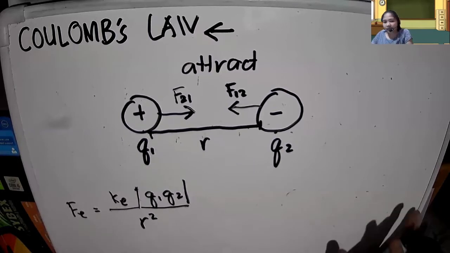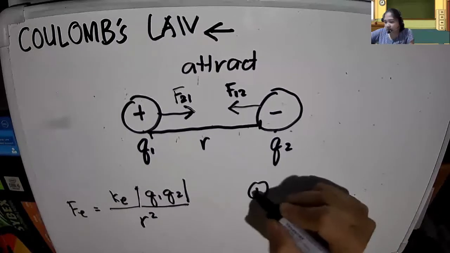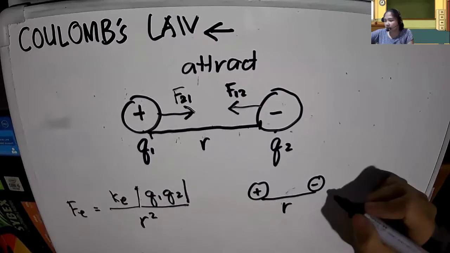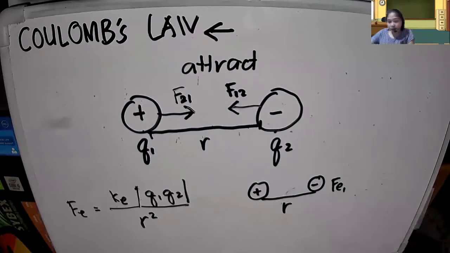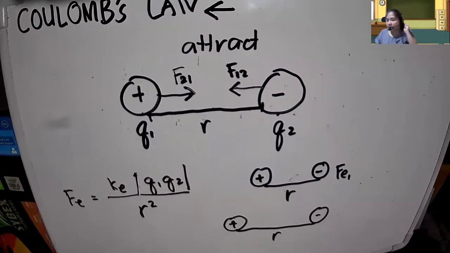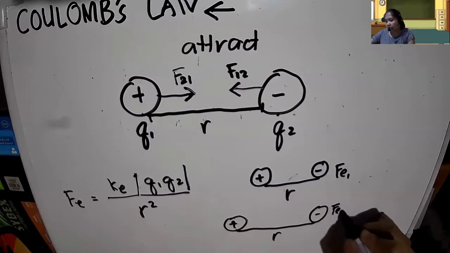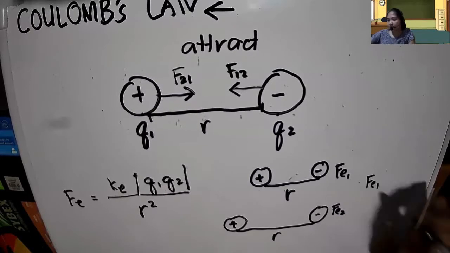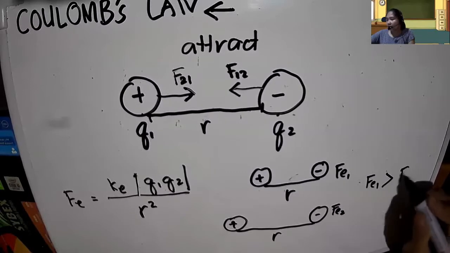So let's draw that. Let's say we have two charges separated by r, and the force here is Fe1. Now let us compare it with a second scenario wherein the distance is wider, farther. The separation between these two charges is farther, so we have Fe2. In this case, Fe1 should be greater than Fe2.